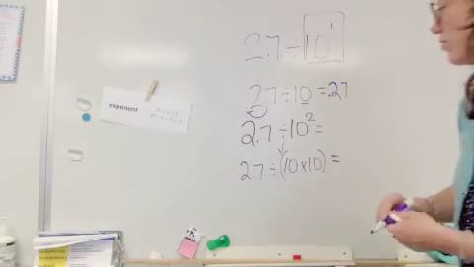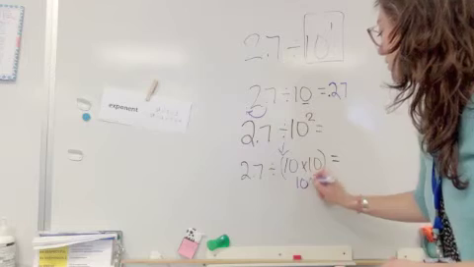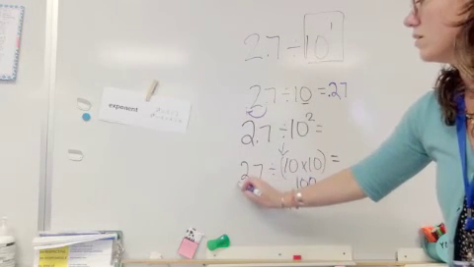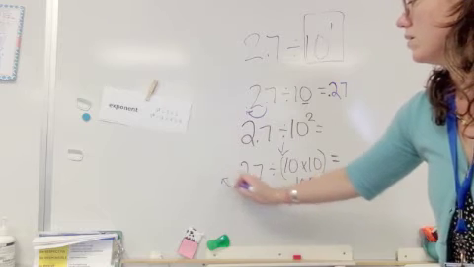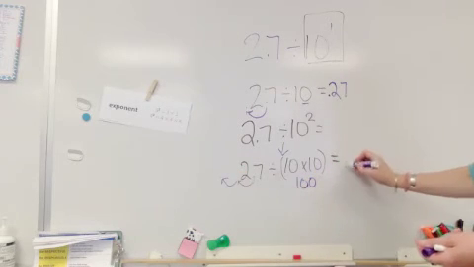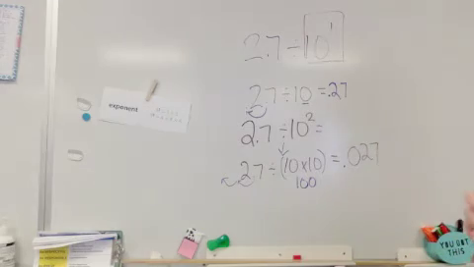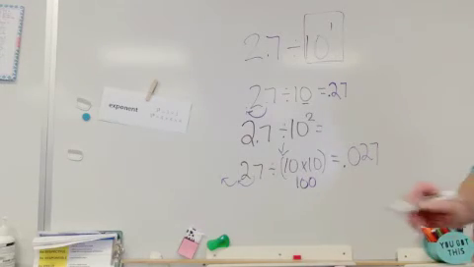So how many zeros are in 100? 2, right? So we need to shift to the left. Oh, our answer will be 0.027. Do this next one on your own and tell me what you get.